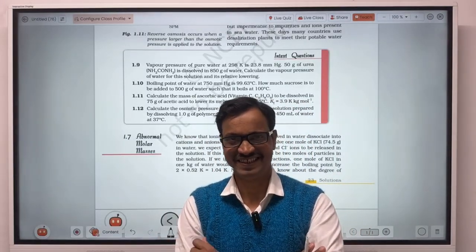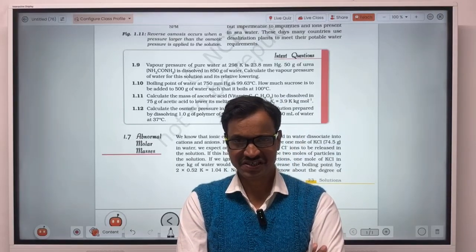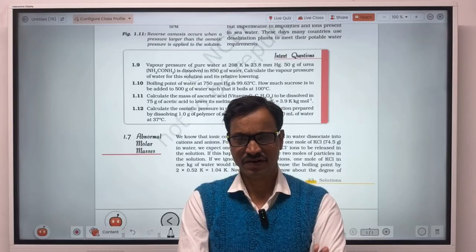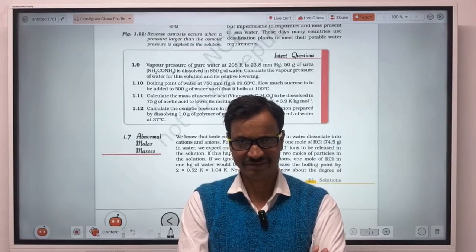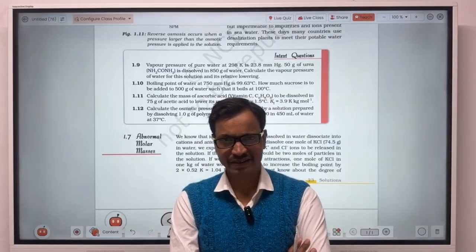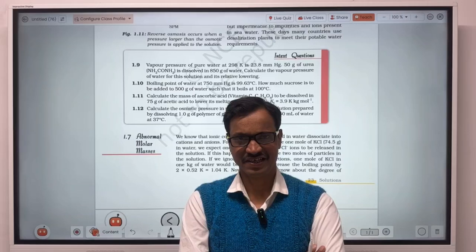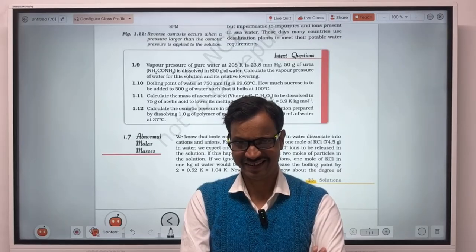When there is dissociation or association of particles when the solute dissolves in solvent, then what will be the relative lowering of vapor pressure, the elevation in boiling point, the depression in freezing point, as well as the osmotic pressure?